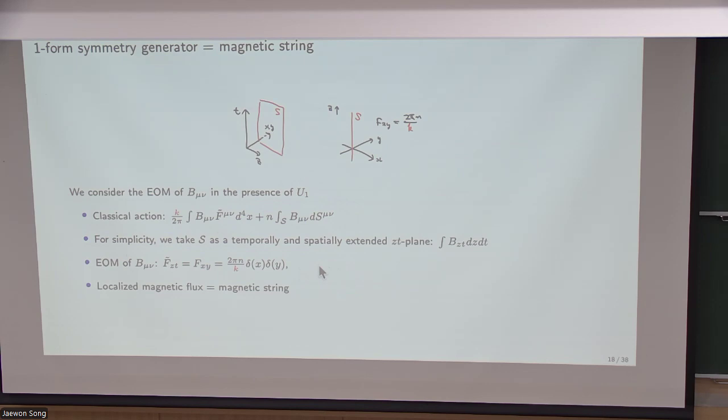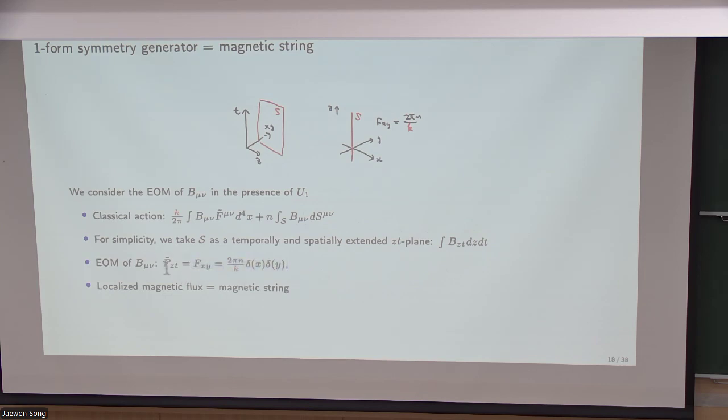For simplicity, we take the surface as a temporally and spatially extended zt plane in 4 dimensions. So S is extended along z and t directions. In this case, the surface integral is reduced to this surface integral, and we have this equation.